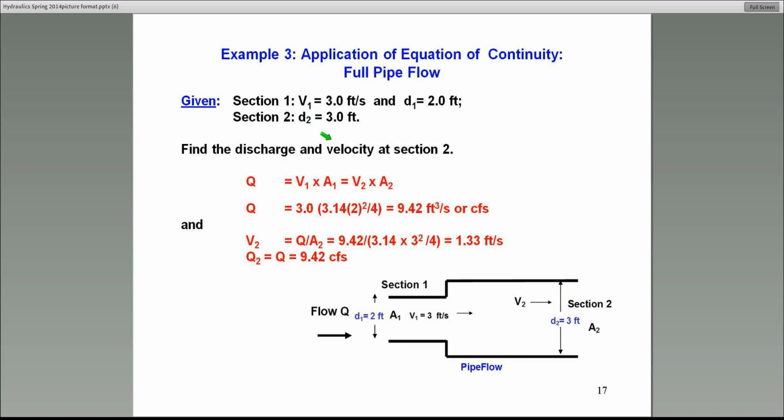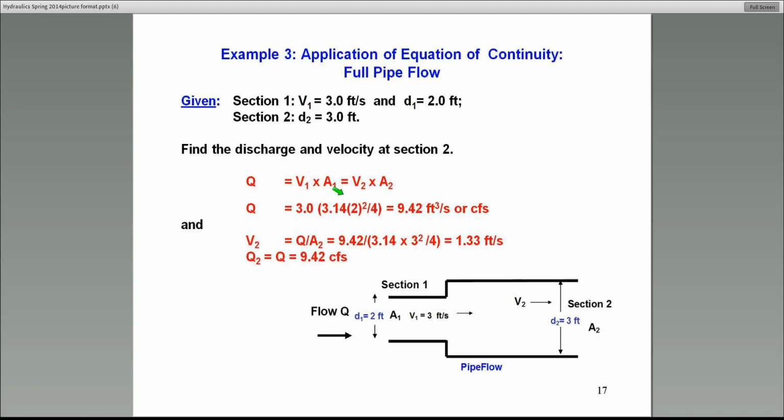To calculate the velocity at section 2, we have to know Q, the discharge. So the first thing we'll do is use the upstream conditions that are given to calculate the flow rate, which in this case is V1 A1. V1 is 3 feet per second, and the area of cross-section is pi d naught squared over 4.